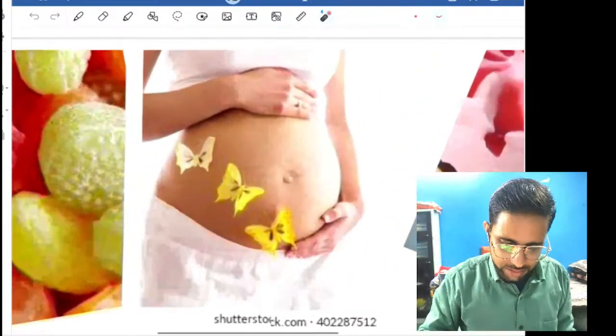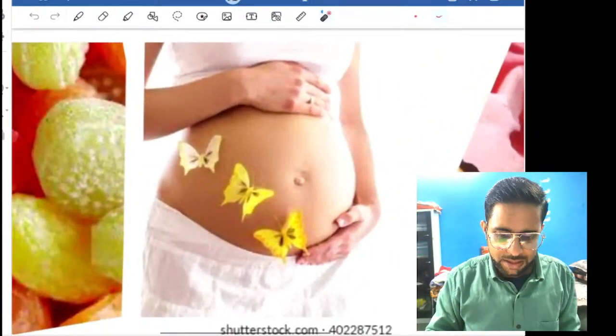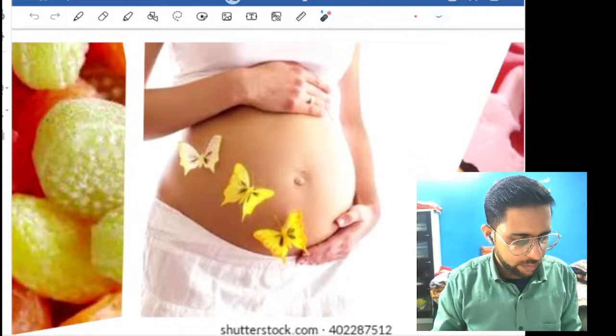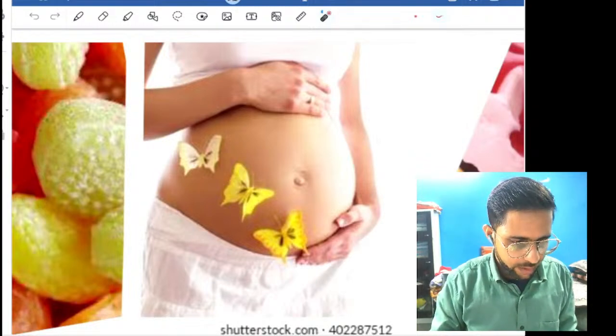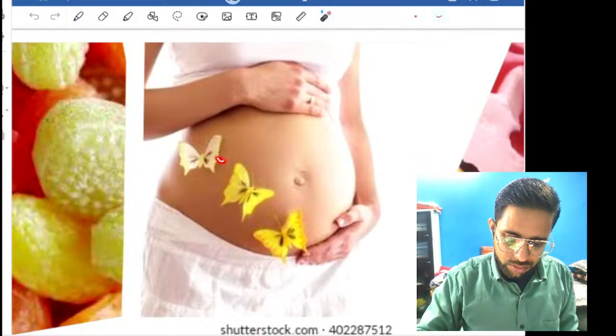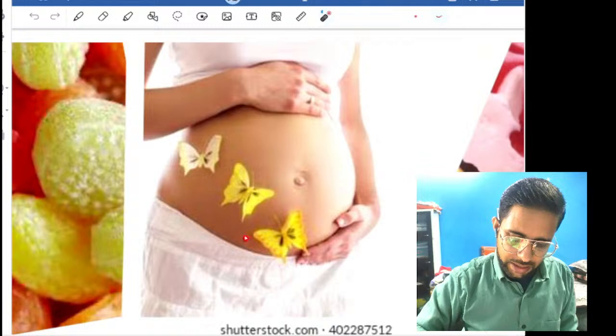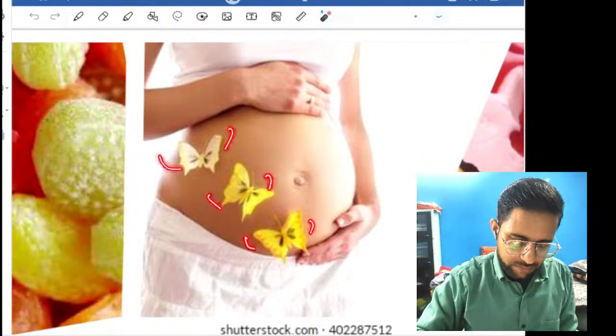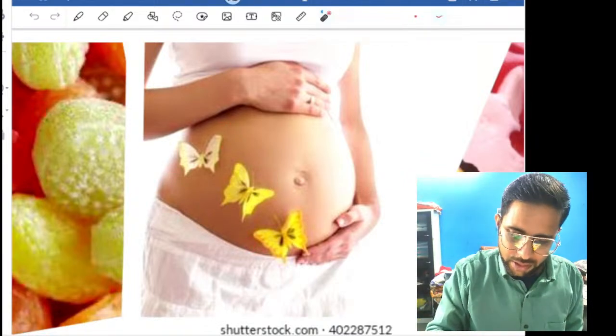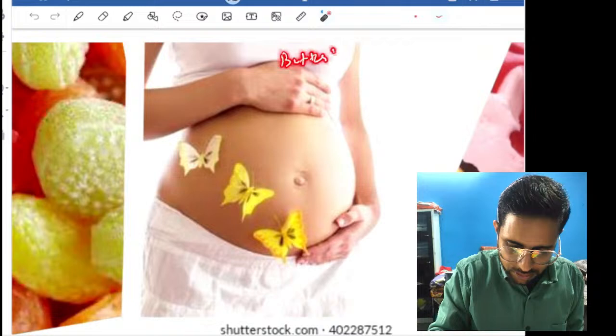Now next, what do you remember by this picture? Tell me in the chat box which point you can remember by this butterfly. Butterfly increases in pregnancy. Where do you see a butterfly rash?